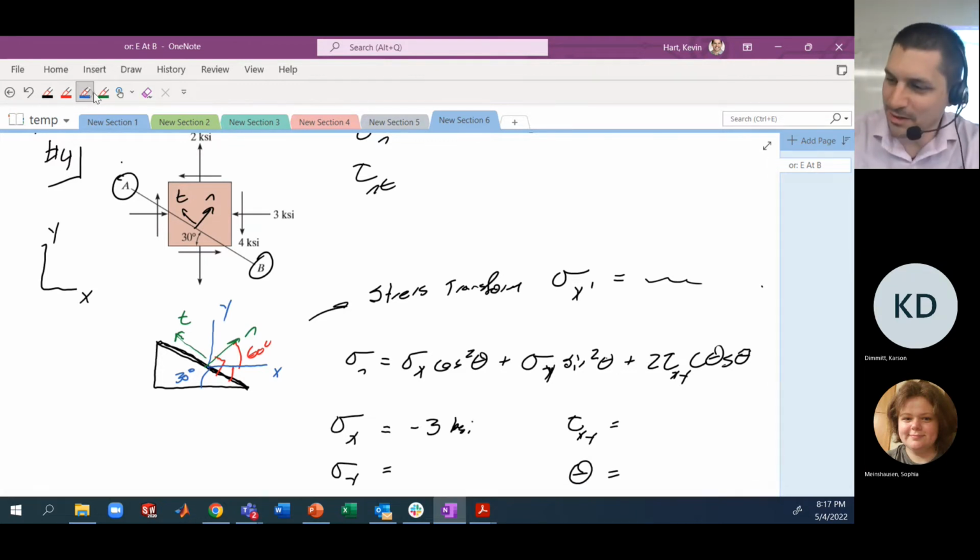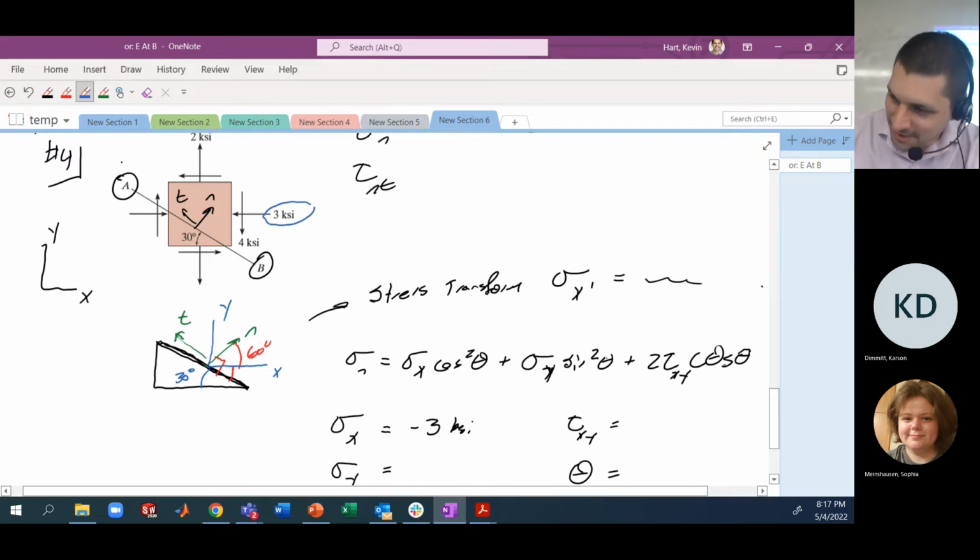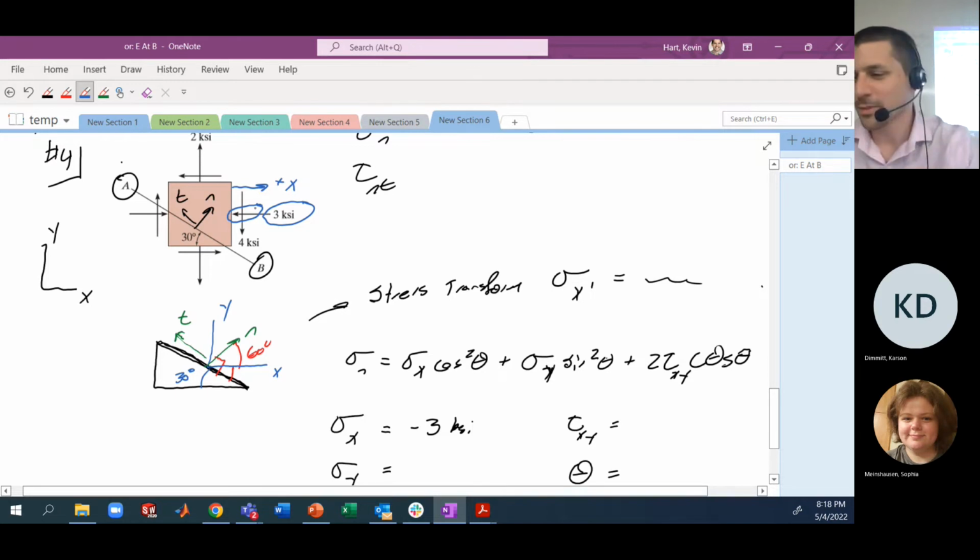Why is it -3? Well, here we have, again, thinking about the face and the direction. This is the positive x face generally, okay? The outward normal to that face is in the positive x direction. And this stress is generally acting in the negative x direction. So the negative and positive together give me a negative. On the other side, we could view it the other way.